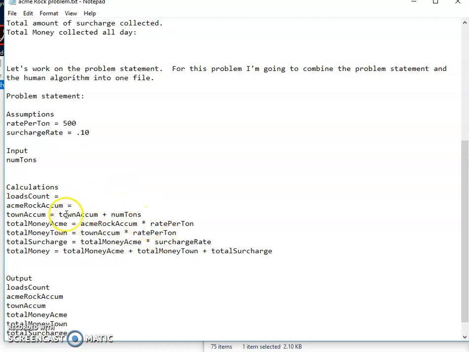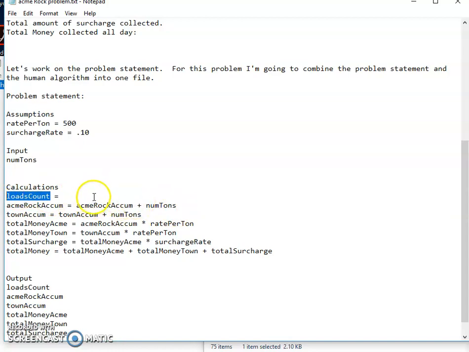So the Acme Rock Accume is going to be the same formula, except using Acme Rock Accume. So Control-C, Control-V, and then simply add again the number of tons. Control-C, Control-V. And then, again, this is going to be even easier than that, because this is simply just going to add 1 to that.